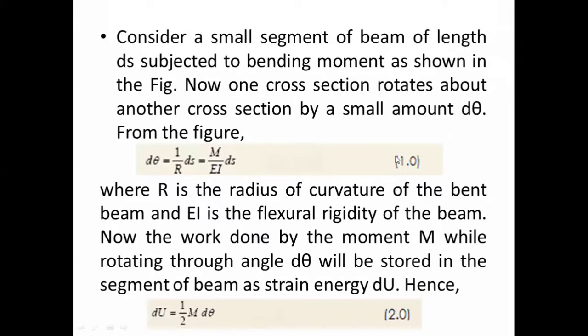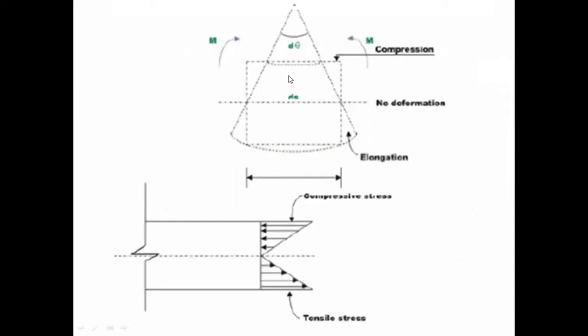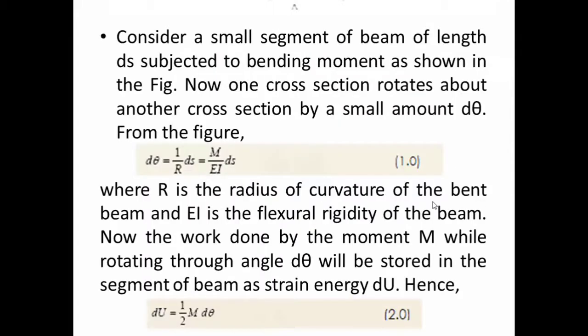Here F is stress. Now we are applying this equation for the small part which is considered in the previous diagram. So this is d theta. What is d theta? The small rotation d theta. It is equal to 1 upon R into ds. So angle is equal to arc length upon radius.